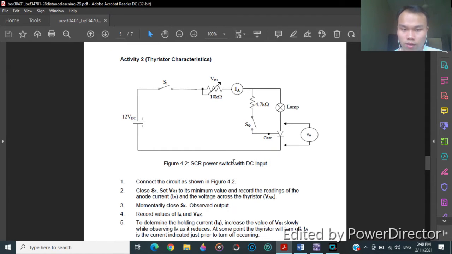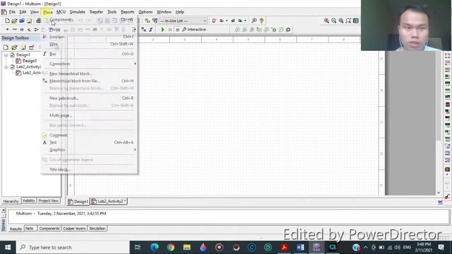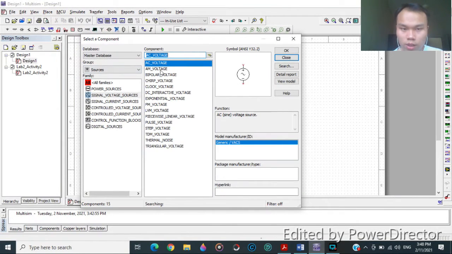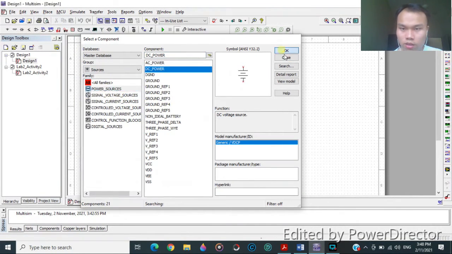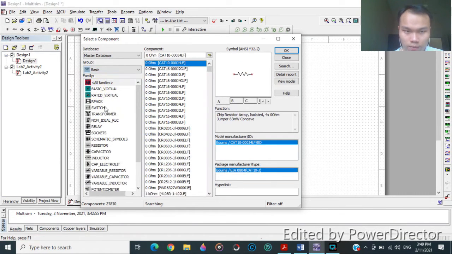I'm going to use a Multisim simulation to do the activity 2 characteristic. Based on figure 4.2, SCR power input, we have a seven component list, so I'm going to do it in the simulation. Okay, first we need a power source. We're going to have a switch and a resistor.